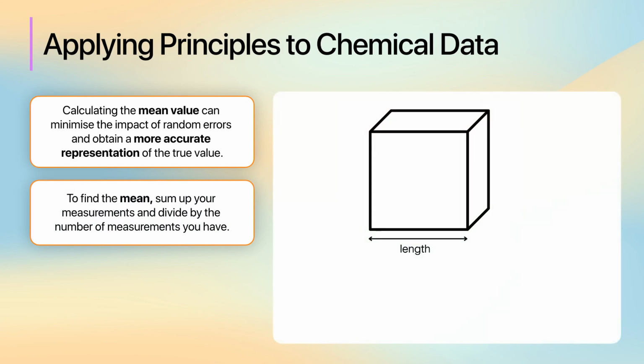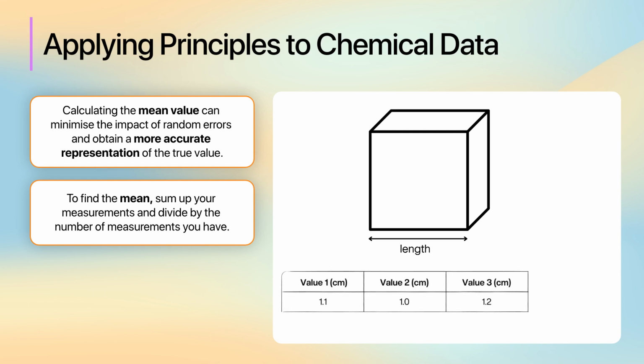For example, if you measured the length of an object 3 times and got the values 1.1 centimeters, 1.0 centimeters, and 1.2 centimeters, the mean would be calculated as follows: 1.1 plus 1.0 plus 1.2 equals 3.3, and 3.3 divided by 3 equals 1.1. Here, the mean length is 1.1 centimeters.